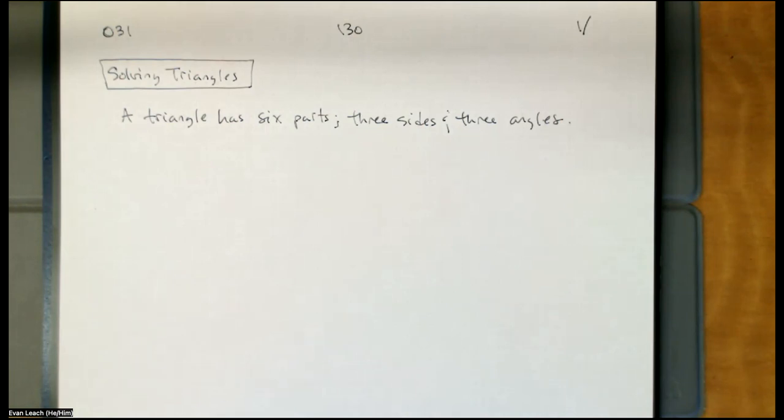Even though we name it after the 3 angles, we always list the 3 sides as the defining characteristic of a triangle. So the triangle has 6 parts, 3 sides and 3 angles. The solving triangles game is that I give you 3 of the parts and you find the other 3 parts.